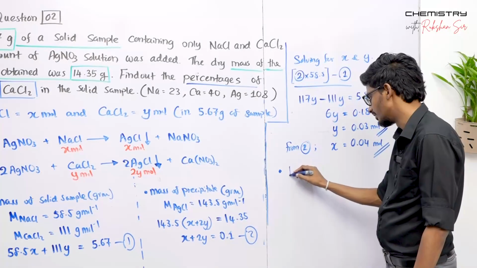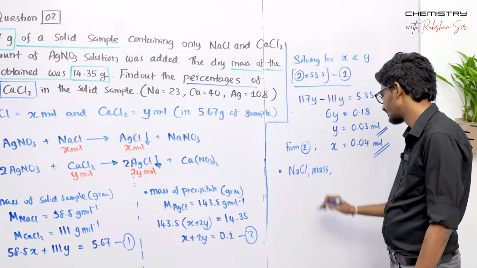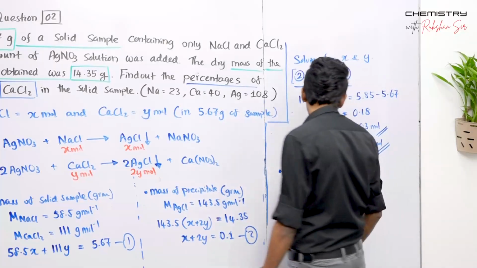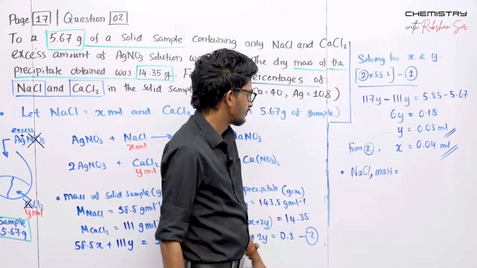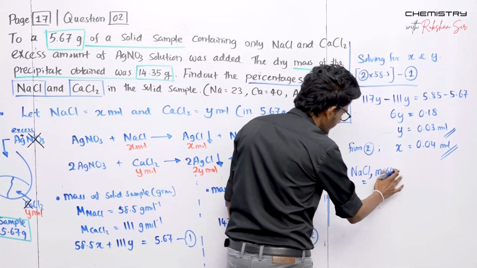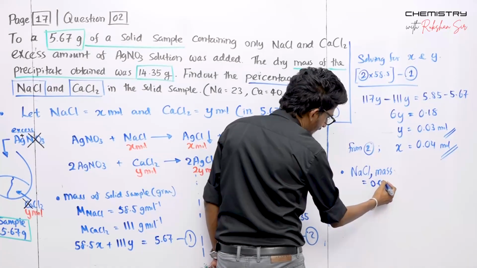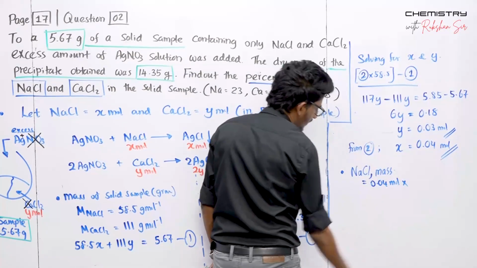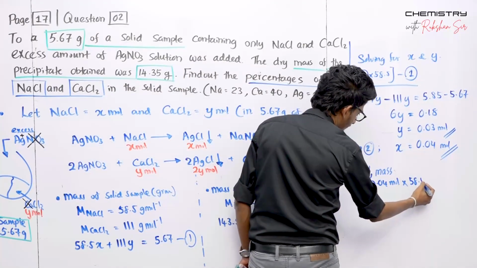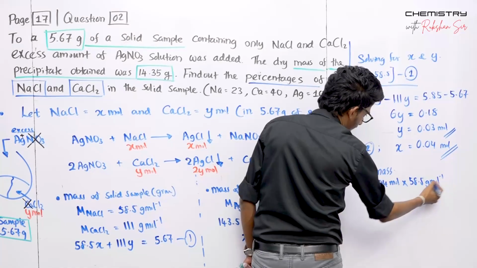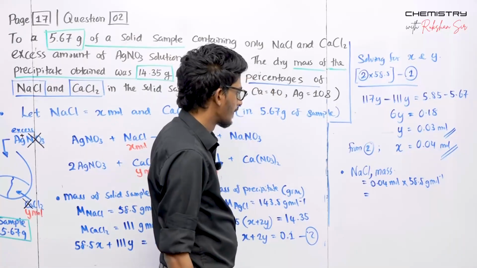So NaCl mass, first of all, will be given by, I'll write it here, you have 0.04 moles, right? And the mole weight is 58.5, right?